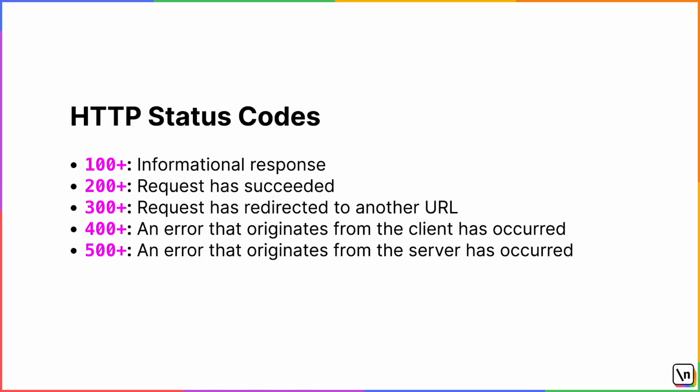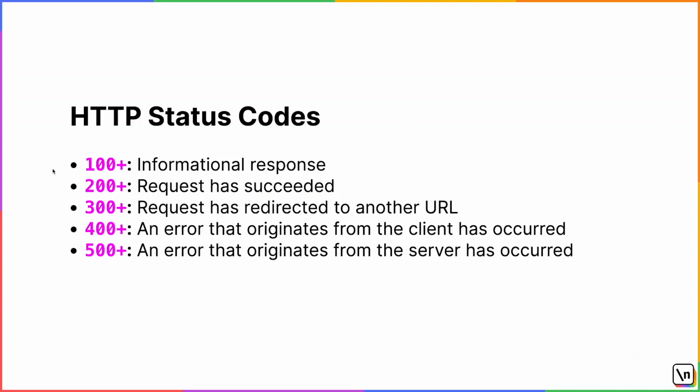The last thing we need to know about RESTful responses are HTTP status codes. So every REST API response includes an HTTP status code in the response header. These status codes are numbers that indicate whether a request was successfully completed and range from the hundreds to the 500s. In general, the status codes fall into these categories.